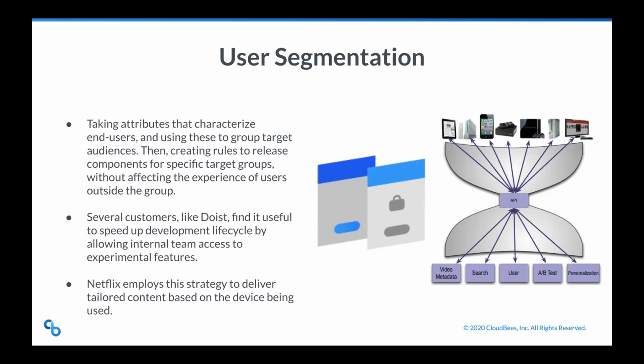This concept can also be employed to help find bugs earlier and speed up the software delivery process altogether. One example that you can read about on the Rollout's website is the case study of Doist, and they've been able to successfully use feature flags and user segmentation to continuously improve their platform and test new features by releasing it only to internal teams initially.